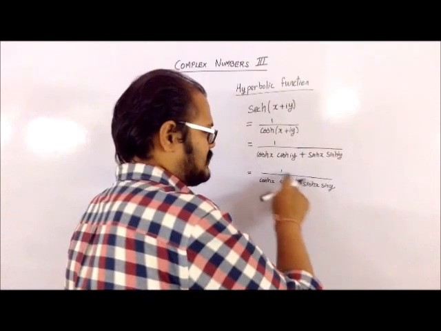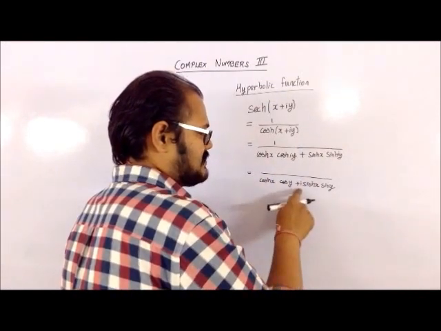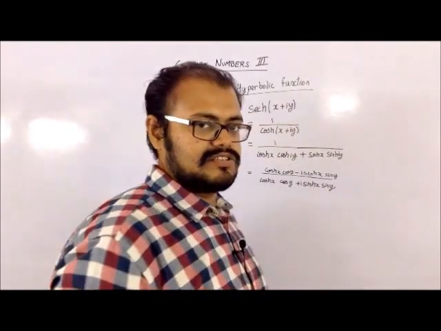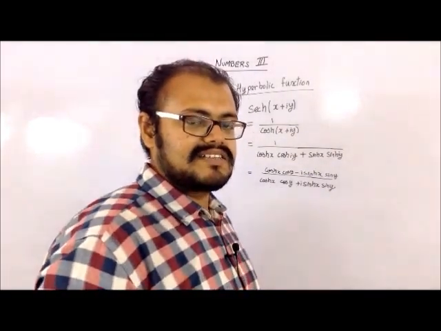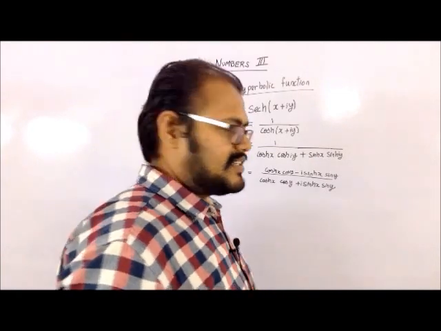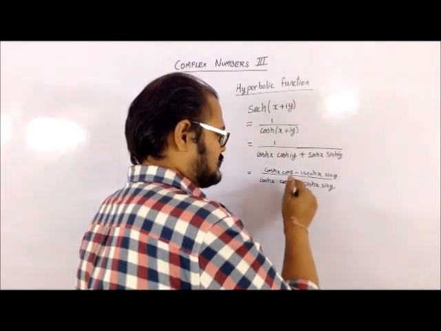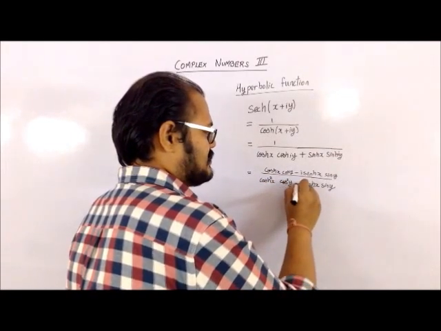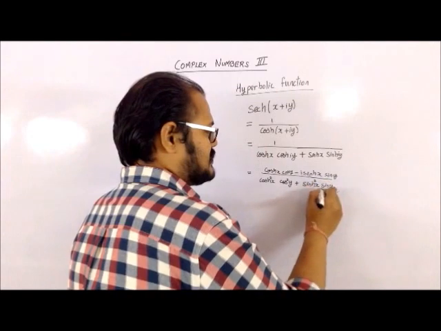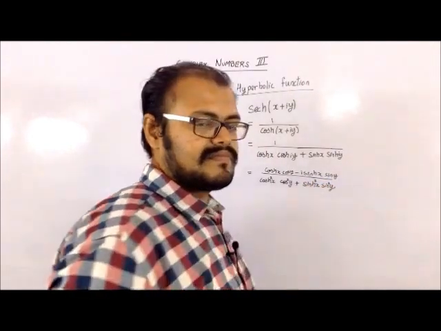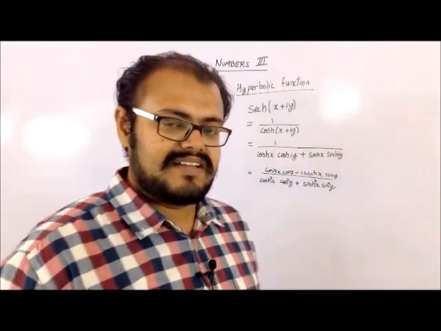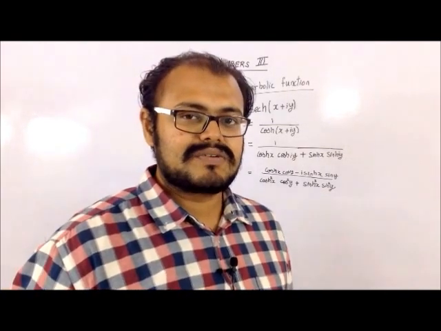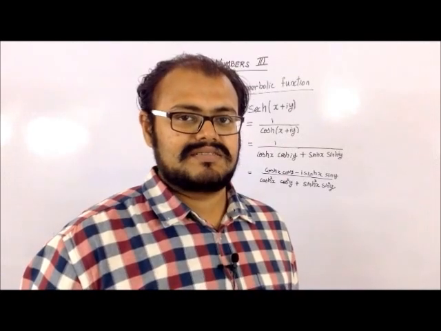So you have this complex number, you will multiply it with its conjugate and multiply this part with its conjugate. Now multiplication of a complex number with its conjugate will get you the answer of cos h square x cos square y plus sin h square x sin square y. You can further solve this by simplifying by various methods. So this is the basic way which you can solve any hyperbolic function problems.